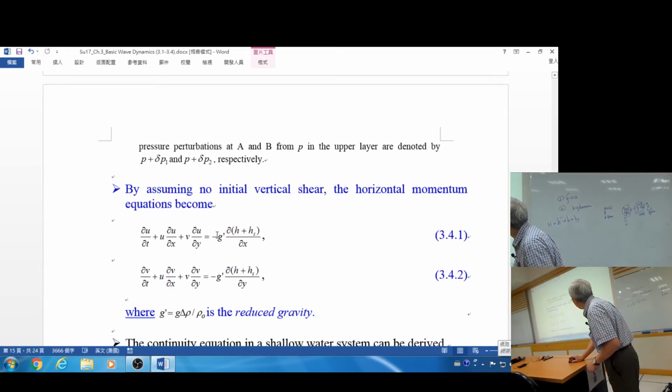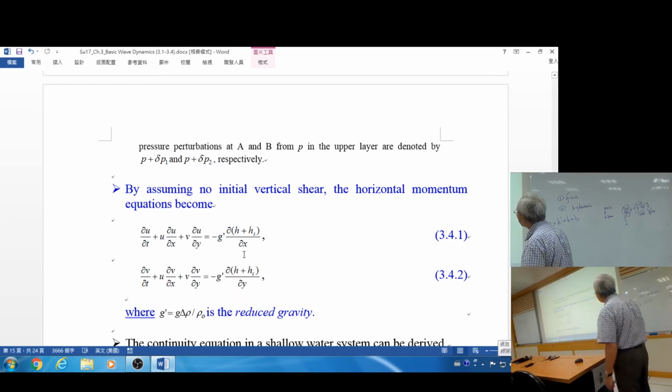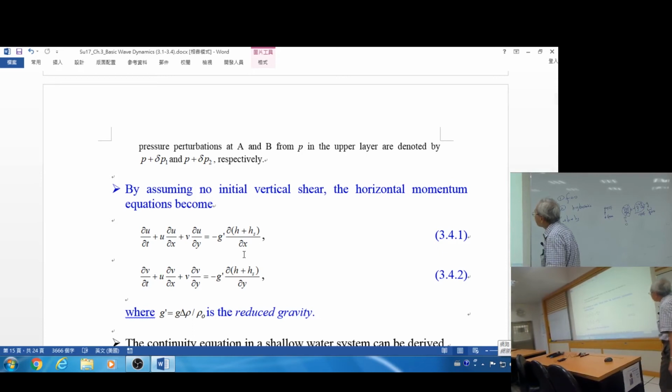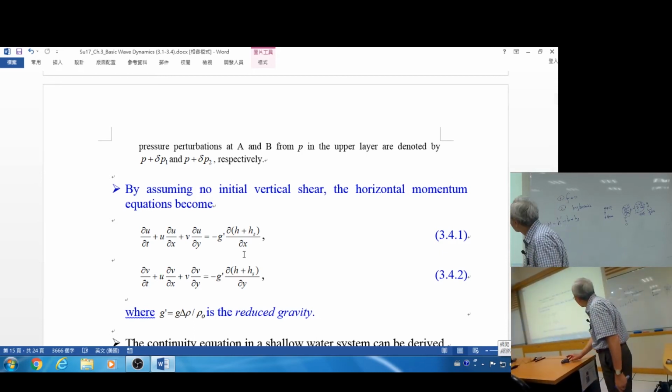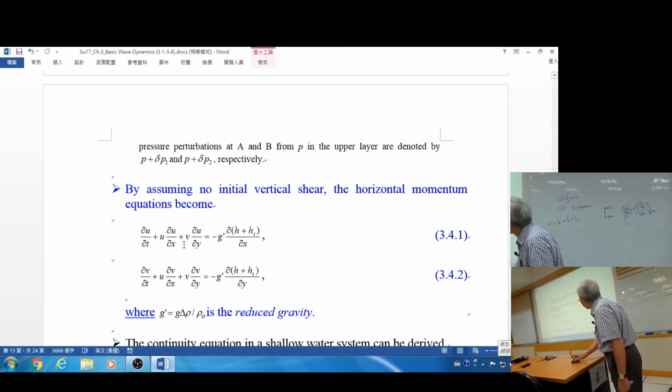So can somebody tell me what's the physical meaning of this term? Pressure gradient force, yeah, pressure gradient force. And those are the local rate of change, advection in x direction, advection in y direction.